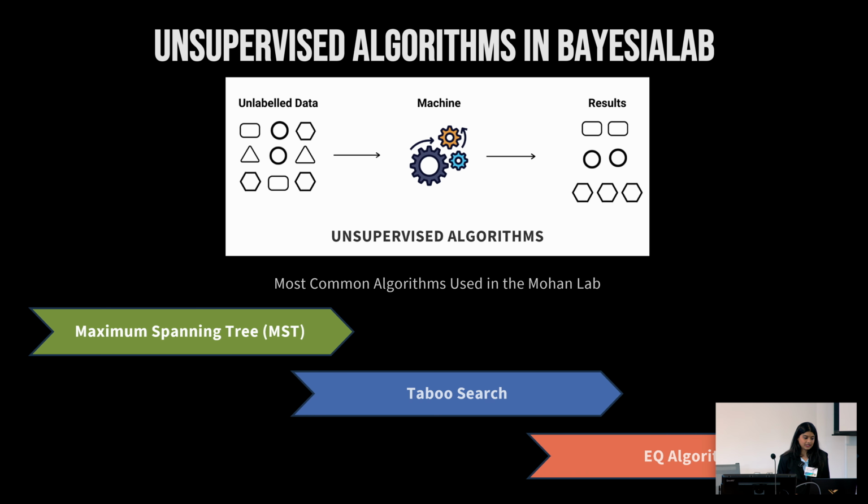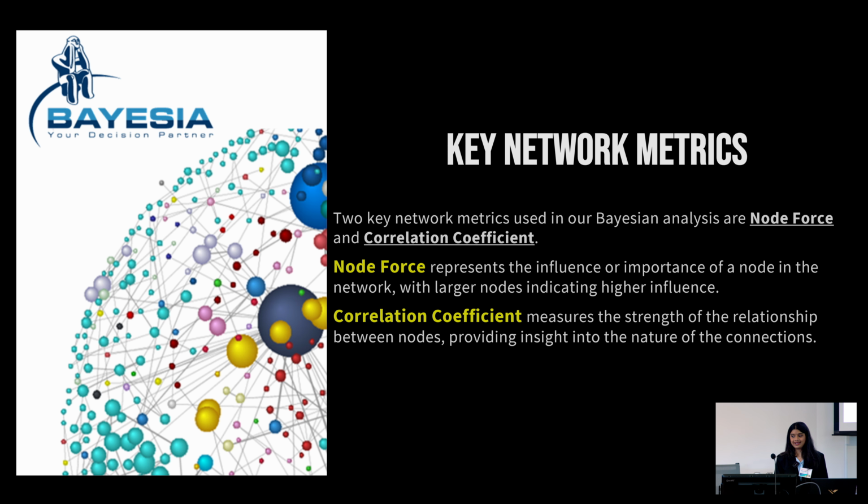We have maximum spanning tree, EQ algorithm, and taboo search, and all the analysis focuses on two metrics: the node force, which reflects the importance of the node, and the correlation coefficient, which talks about the strength and the direction between two variables.